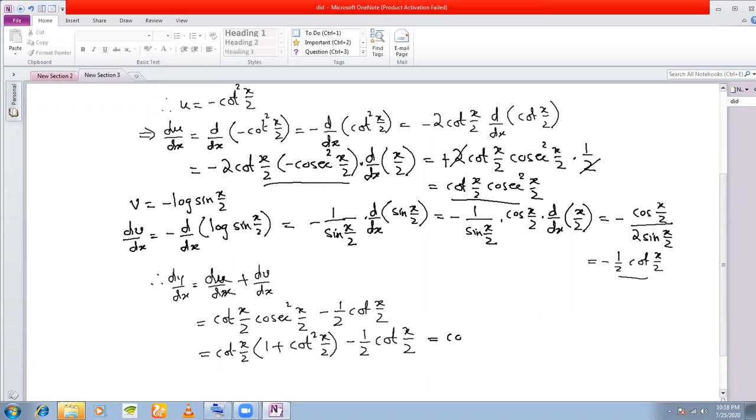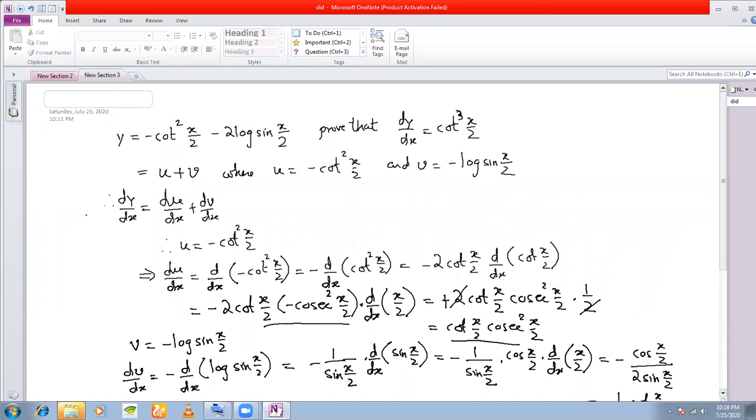Now what happens? This is cot x by 2 multiplied throughout, plus cot cube x by 2 minus half cot x by 2. I copied the question correctly. Yes, question I have copied correctly.